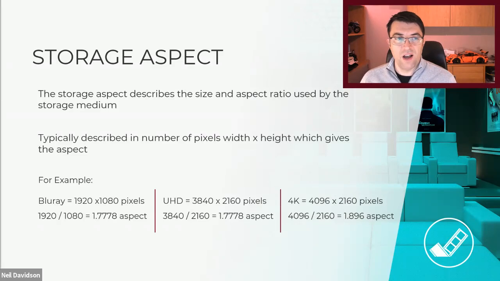Now, I've thrown this last one in there just as a little thought process. If you talk about 4K, 4K is 4096 by 2160. 4096 divided by 2160 is a 1.896 aspect. If you use Cinema Tools, it will tell you those projectors that are true 4K have a 1.9 aspect through rounding.